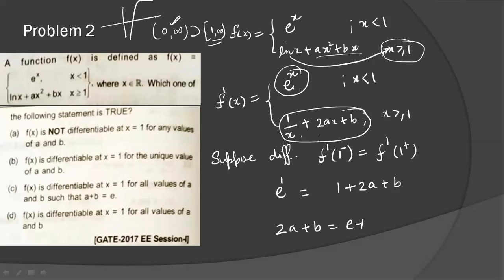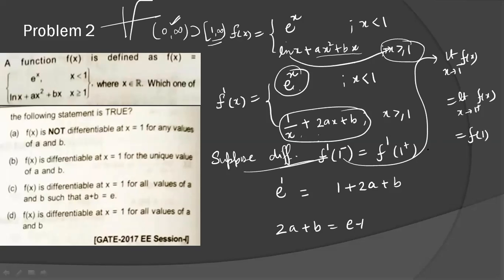If the function is differentiable at x equal to 1, then it must be continuous also at x equal to 1. So what is the continuity condition? If any function is differentiable at x equal to 1, then it will be continuous at x equal to 1 also. Meaning the left hand limit at 1 is equal to the right hand limit at 1, equal to the value of the function at 1.